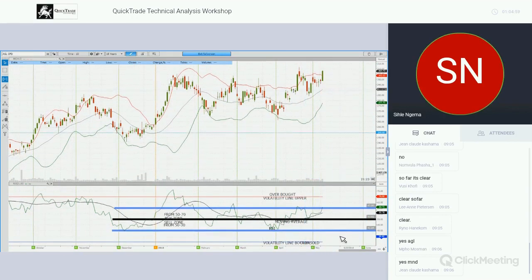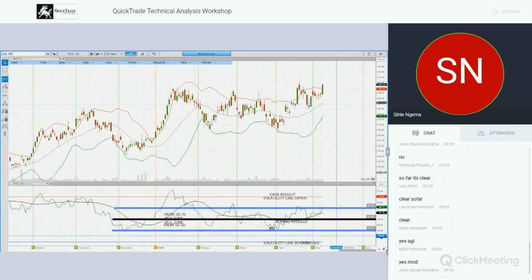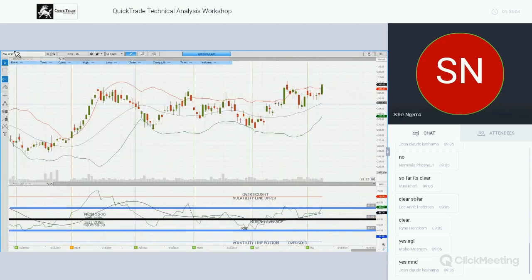So AGL. With regards to AGL, I'm going to start first by looking at my green lines which are separating the months. I'm going to start by drawing a line at the highest point of the month of April, which is going to be my area of resistance.